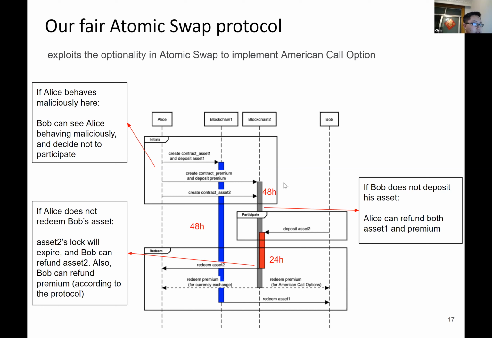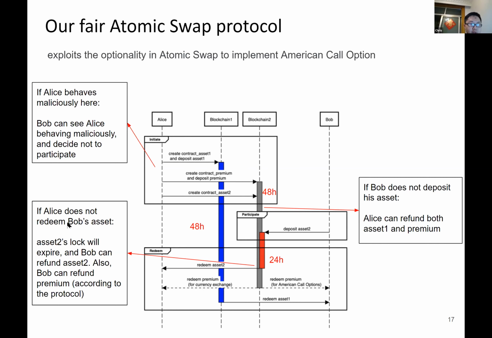If Bob does not deposit his assets here, Alex can refund both asset 1 and the premium. That means if Bob behaves dishonestly, Alex could just cancel the protocol.